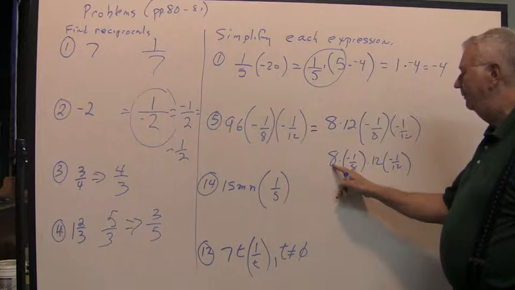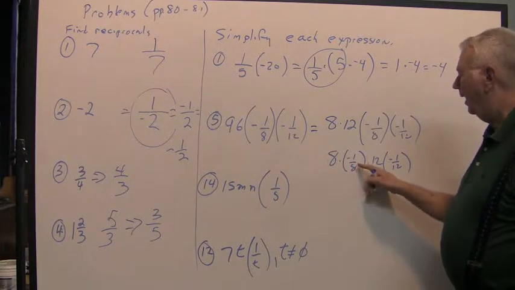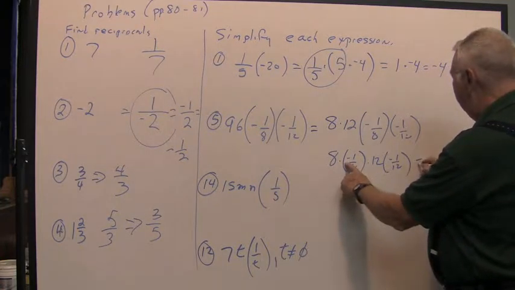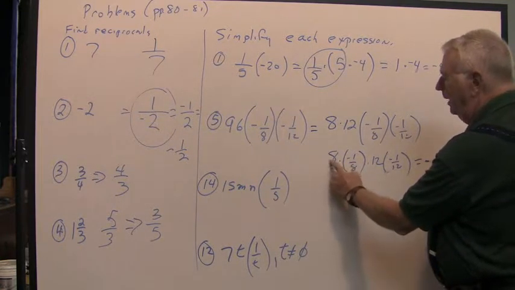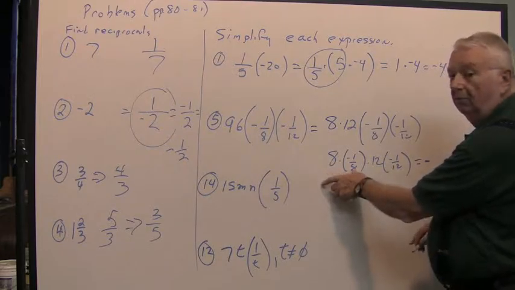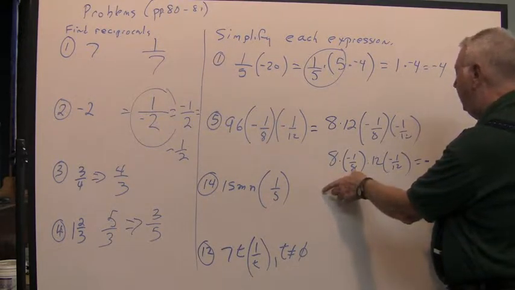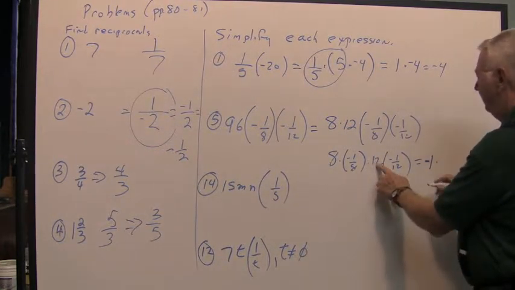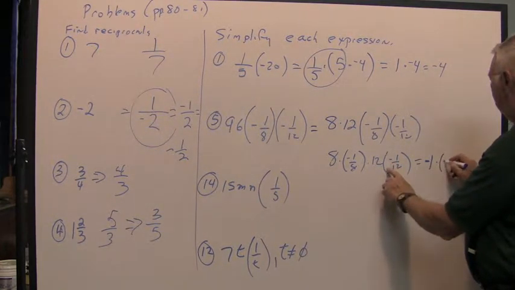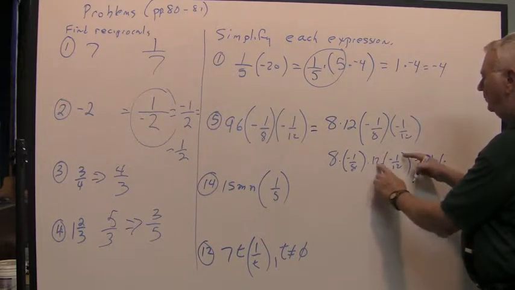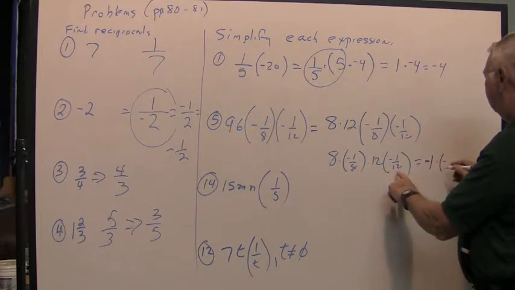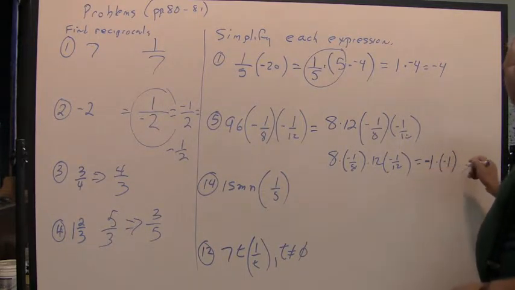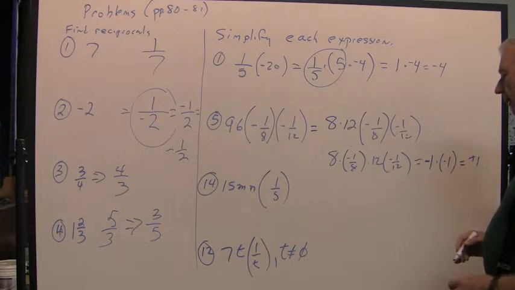And we can see we have 8 and its reciprocal, but we also have that negative sign here. So we're going to be retaining the negative, but then we have 8 times -1/8 is going to be 1, that'd be a -1 times, we're going to retain the negative sign, 12 times its reciprocal, 1/12, is going to be 1. And now we end up with a -1 times a -1, which would be a +1.